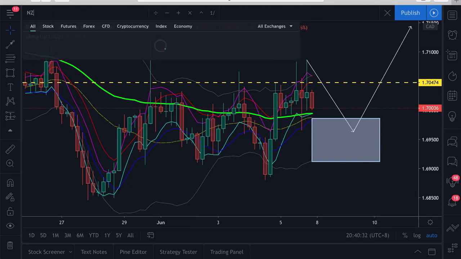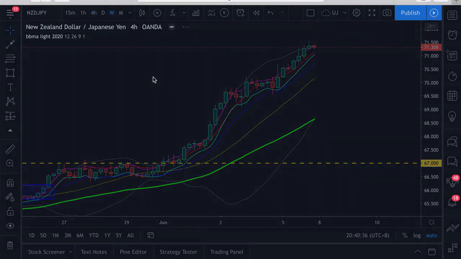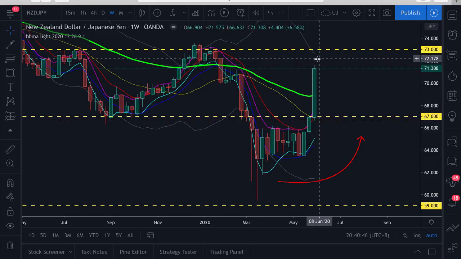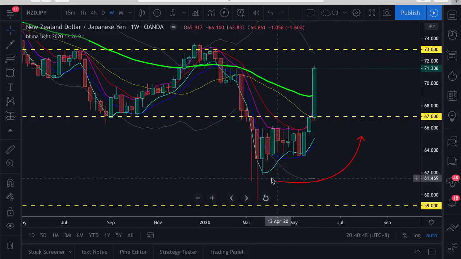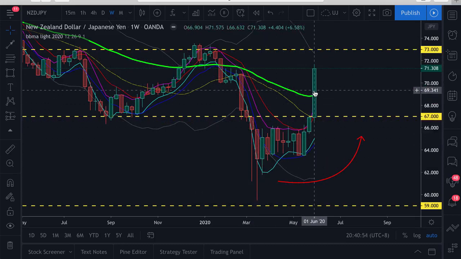Next pair is NZD JPY. For NZD JPY on weekly time frame, we can see that the price is already at the top of the BB. So we have been watching this pair. We see it go from the extreme buy, MHV buy, CSAK buy, and now it's already here.